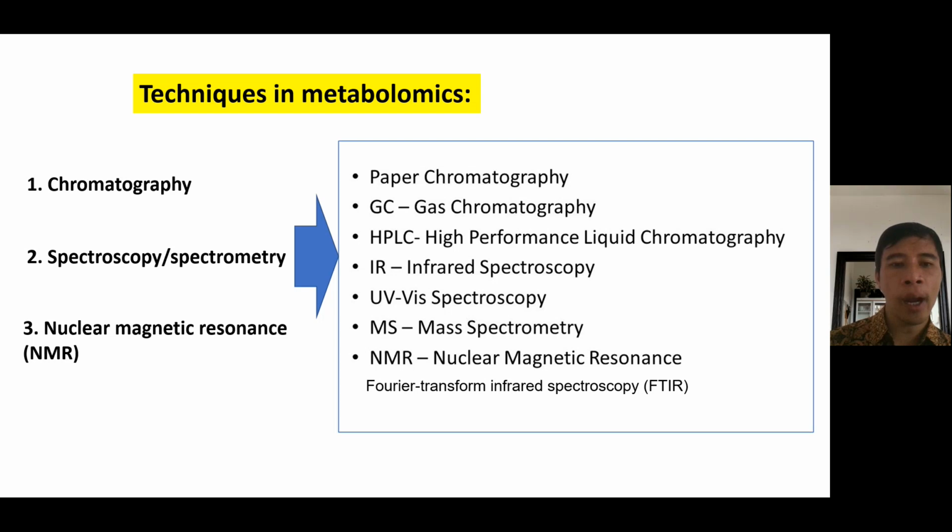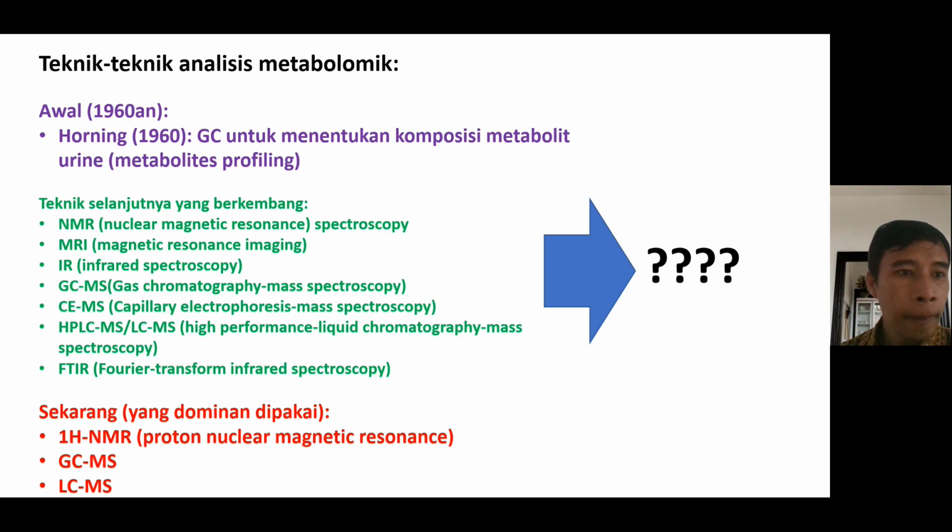Or you combine high performance liquid chromatography with mass spectroscopy, and then you will use machines as a hybrid or combination between HPLC and MS. So here is the list of techniques used in metabolomics, the common techniques. Actually, there are many kinds of techniques that could be used, but here I am showing the very popular ones.